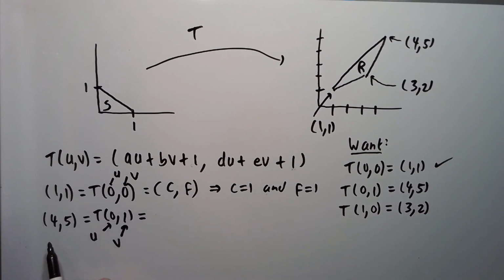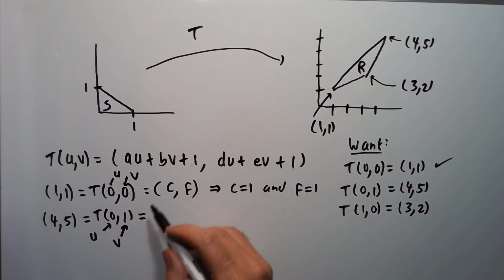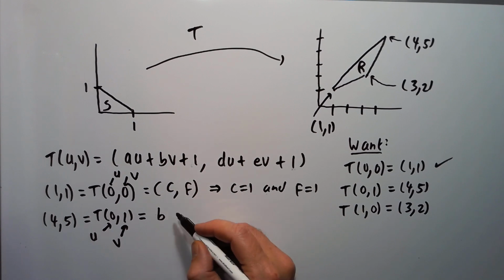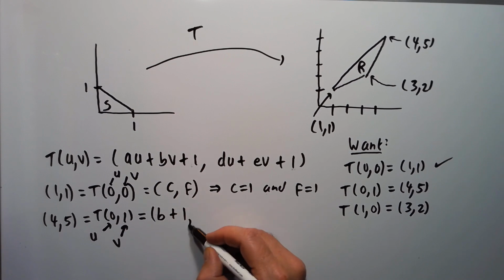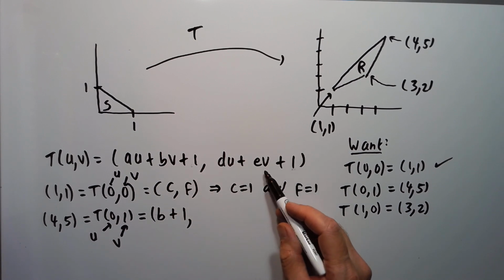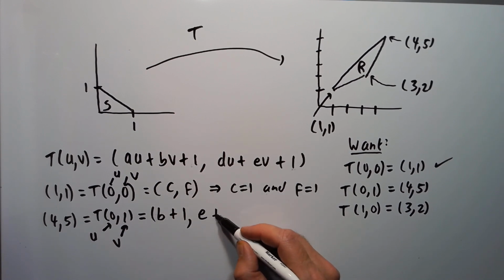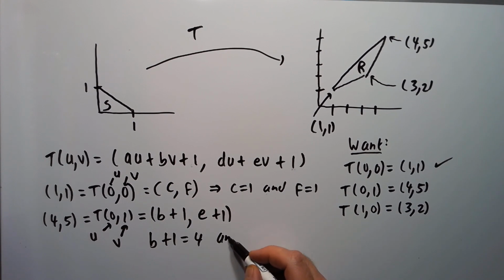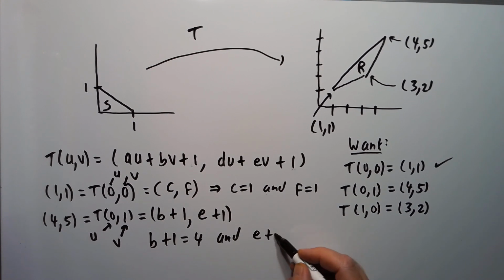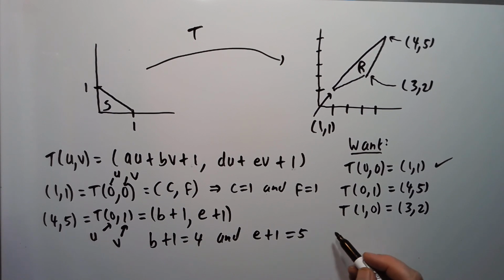So next, we have (4, 5) equals T of (0, 1), that's what we want. So it'd be 0 for u, 1 for v. Putting 0 for u, that would be gone. 1 for v, it'd be b plus 1, and 0 for u, 1 for v, e plus 1. So that is equal to (4, 5). So you have b plus 1 equals 4 and e plus 1 equals 5.